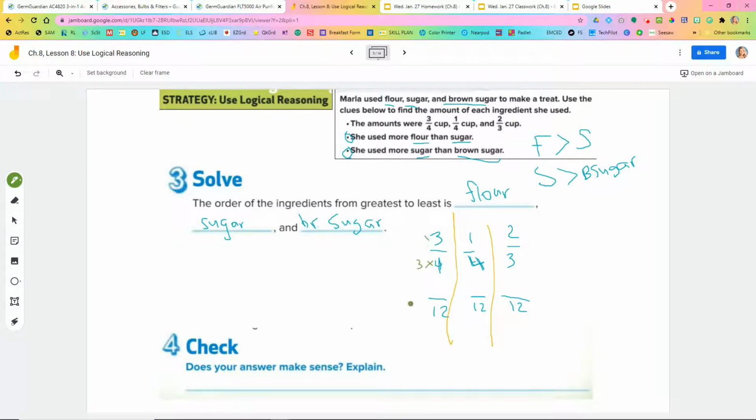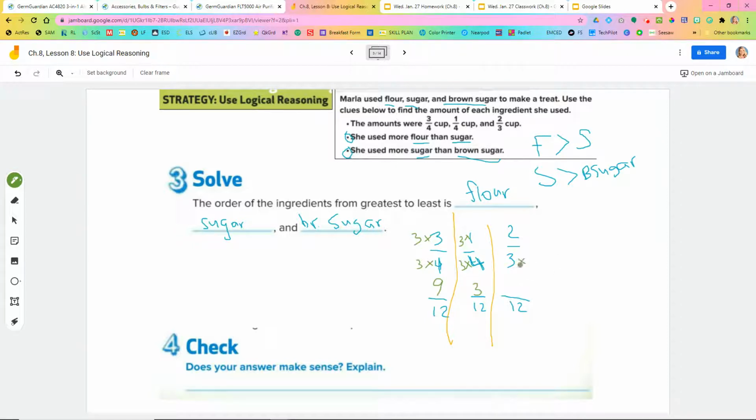So if I follow my golden rule and that denominator changes to a 12, then my numerator has to multiply by 3 as well and change to a 9. All right, how did this 4 in the denominator spot change to a 12? 4 times 3. So if I multiply the denominator by 3, my numerator needs to be multiplied by 3 as well. 1 times 3 is 3. So I'm just making equivalent fractions here by following that golden rule.